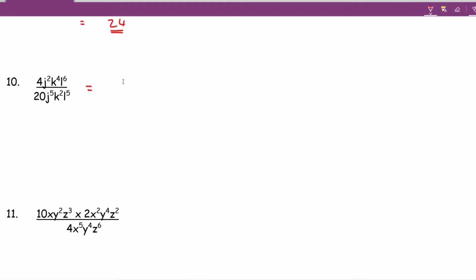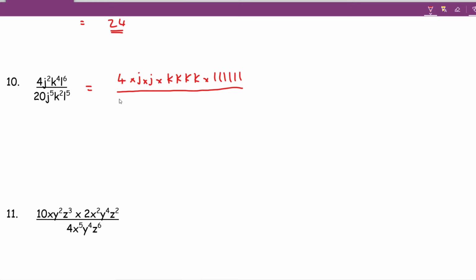Let's try this way. So that's going to be 4 times j squared, which is j times j, k to the power 4, so we've got 1, 2, 3, 4, times l to the power 6, we've got 1, 2, 3, 4, 5, 6 of those, all over.